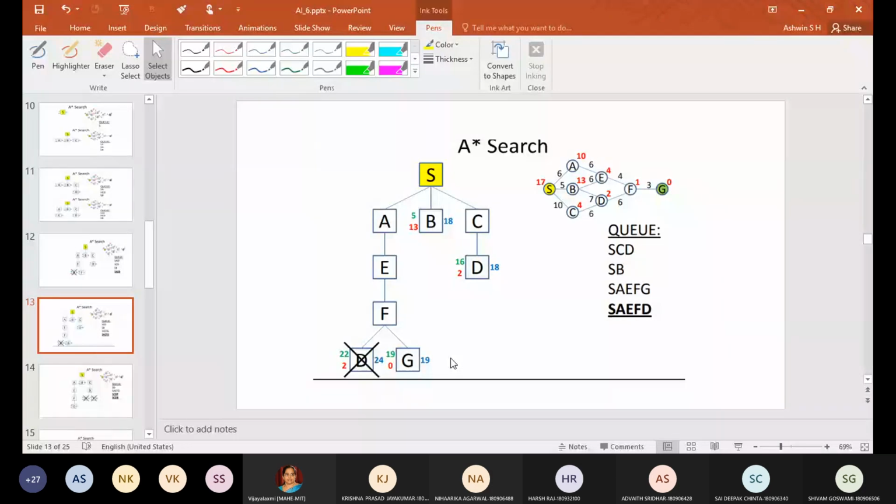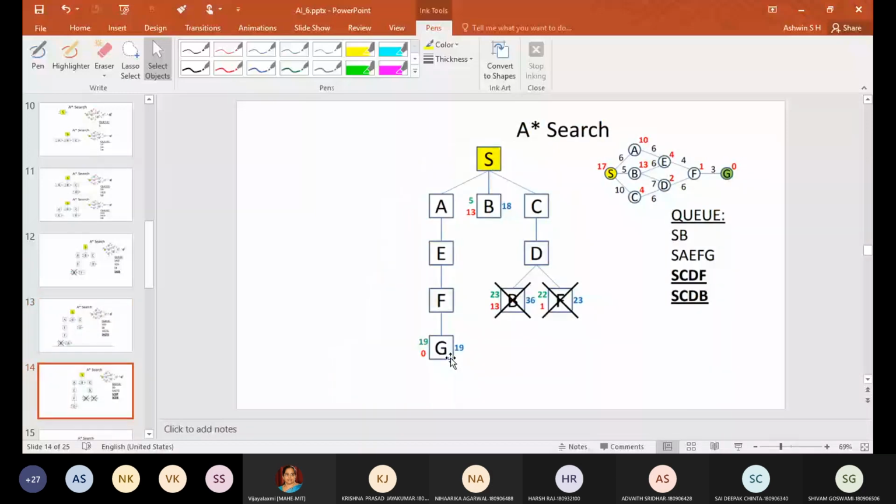After that, if you select the goal when you reach SAEFT, it will come 19. That is what one of you gave as the answer. So don't stop. You have to proceed in the other direction as well. SCDF and SCDB will give other highest values that should be discarded.